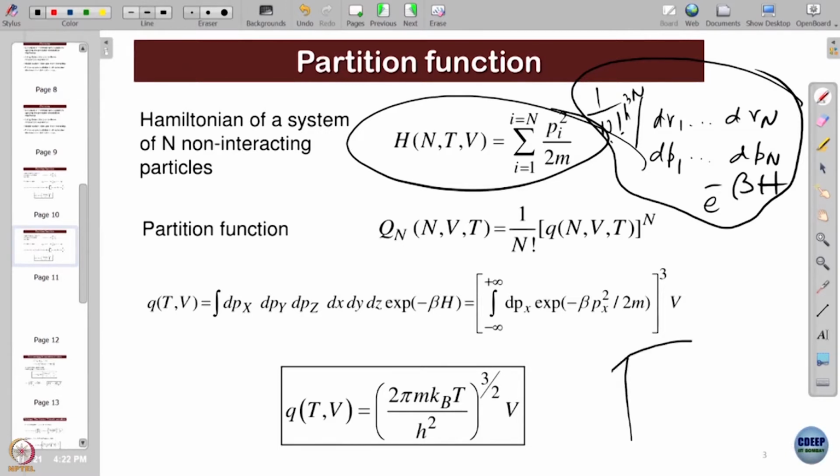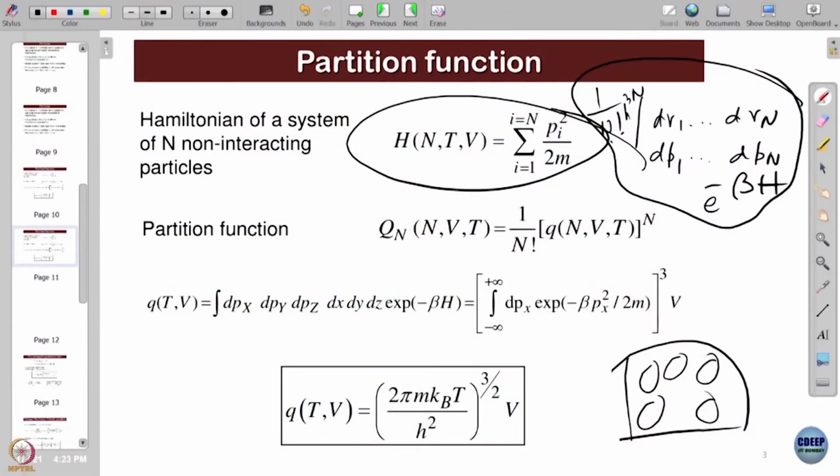I have taken a monatomic gas of spheres, and they do not interact with each other, like argon or a noble gas at low density. Interestingly, if I do that, then each particle does not interact with the others.